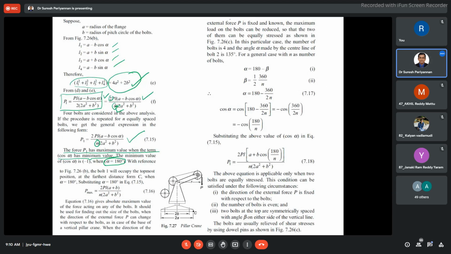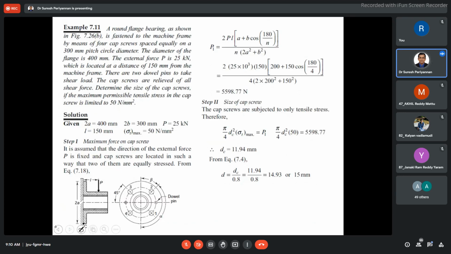Now alpha is 180 degrees. Then in this case, the force P1 has its maximum value. The bolt 1 will occupy the topmost position. That's what I told you here.